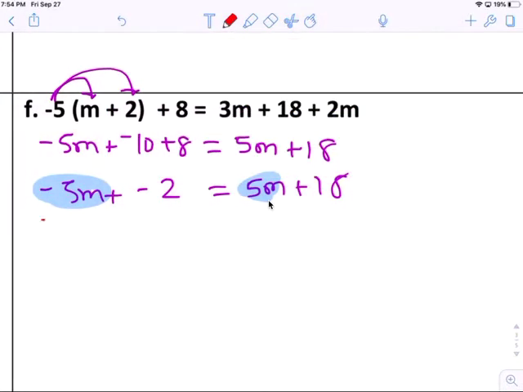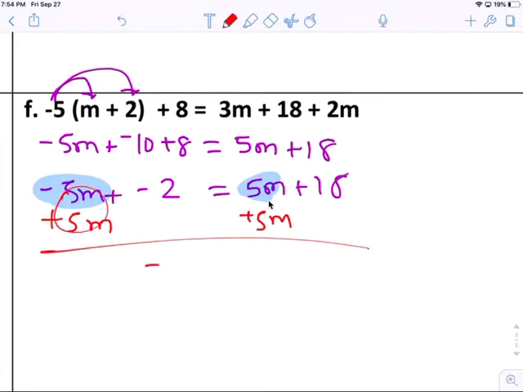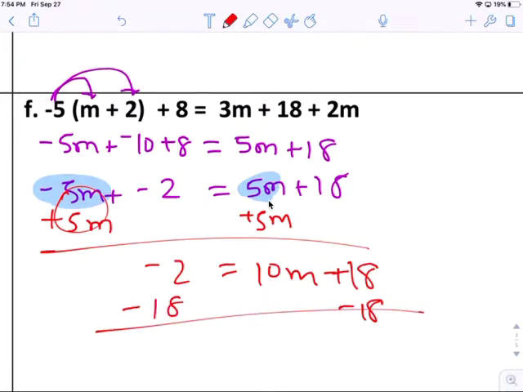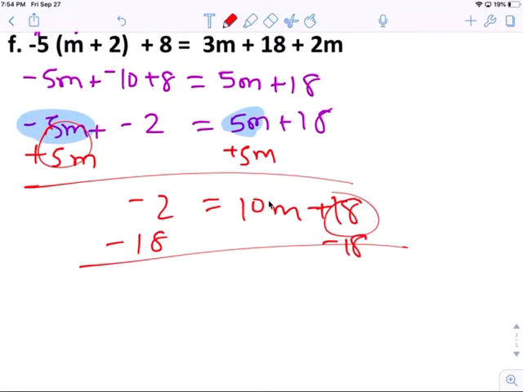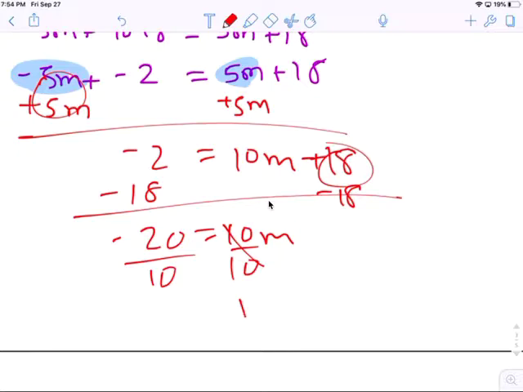I like to make the negative 0 because I have to add 5M to make 0. Negative 2 equals 10M. Minus 18, that's 0. It's negative 20 equals 10M. Divide by 10. M then is negative 2.